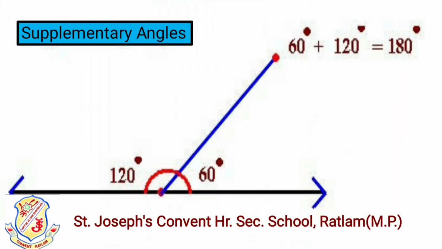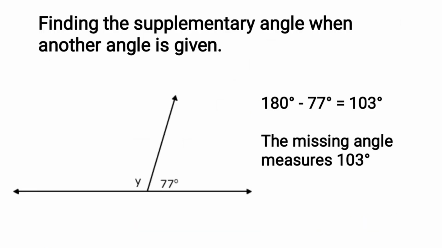For example, in this figure also, 120 degrees and 60 degrees are sharing a common vertex and their sum will be 180 degrees. So we can say both these angles are supplementary angles, or the pair of angles is supplementary. Now in the same way, let us find the supplementary angle when another angle is given.